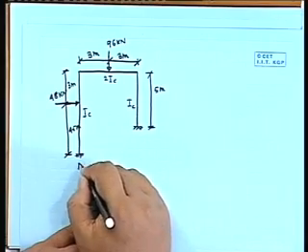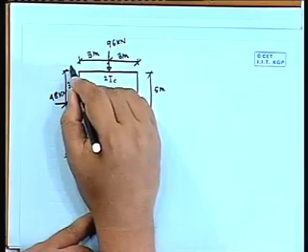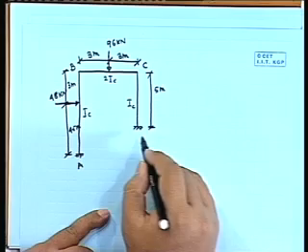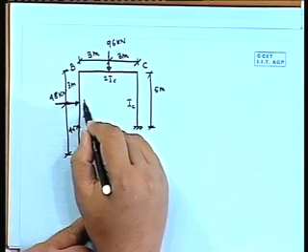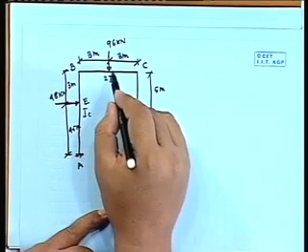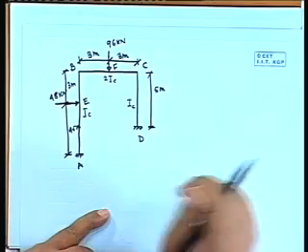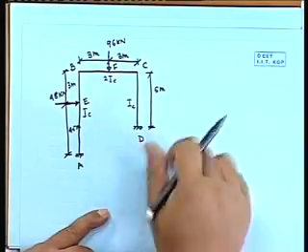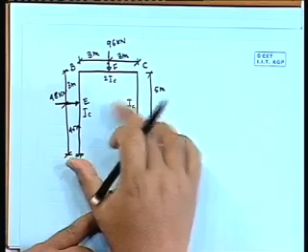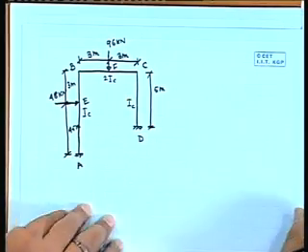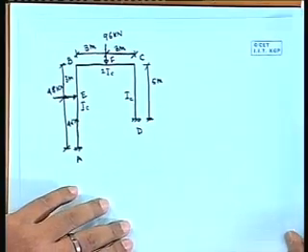Now we have defined A, B, C, D, the load point is E, and this load point is F. So A, B, C, D, E, F. Putting everything there, it became a very clumsy figure.